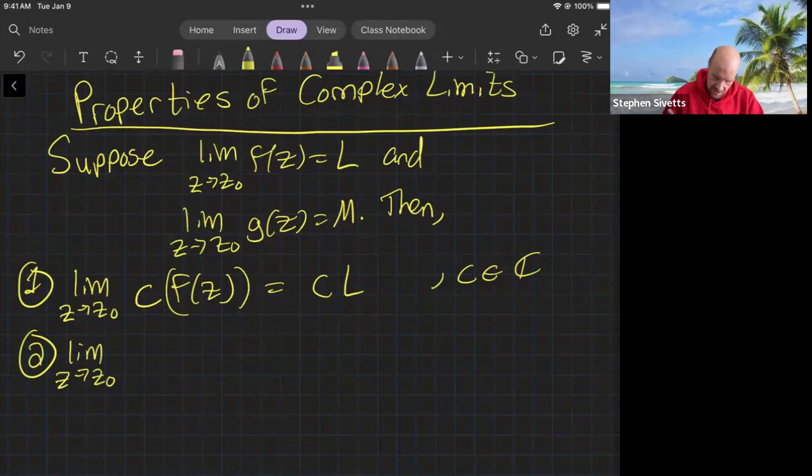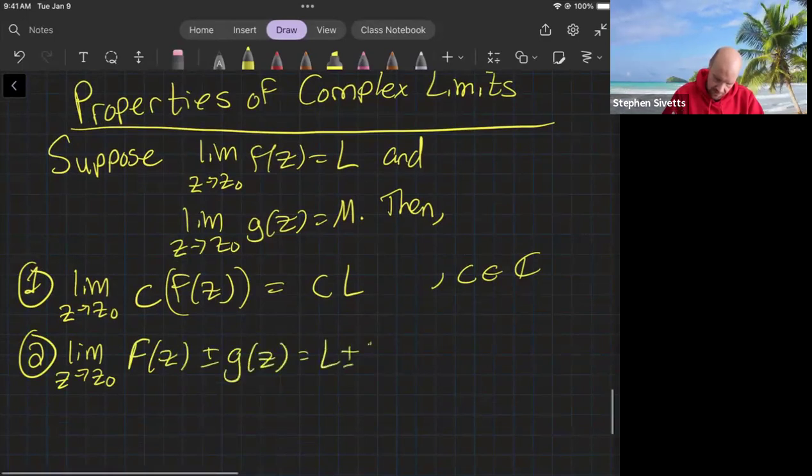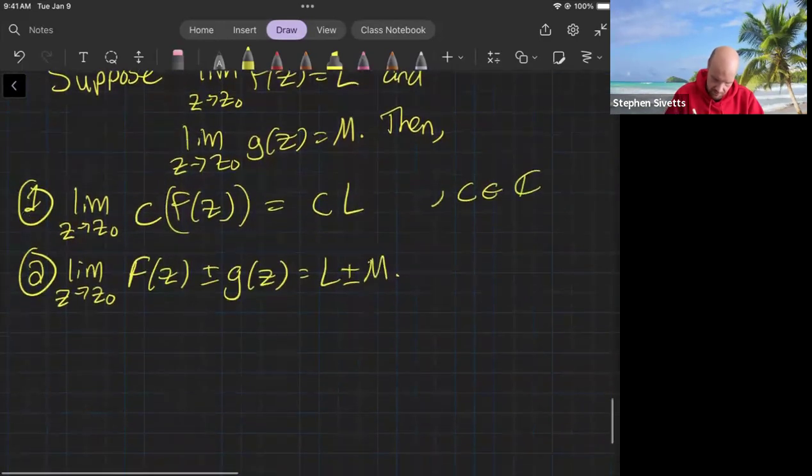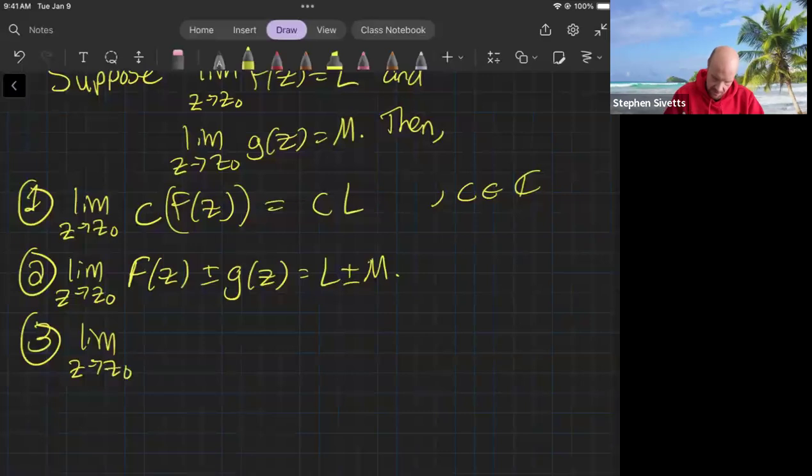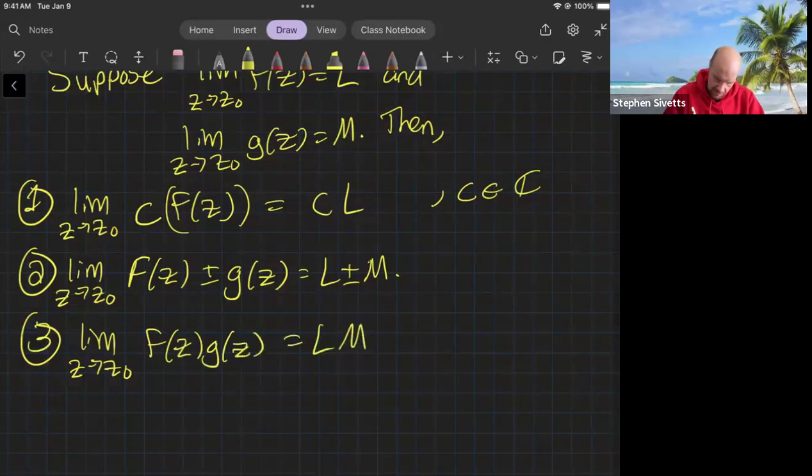Second, the limit as z approaches z naught of f of z plus or minus g of z equals L plus or minus m. Third, the limit as z approaches z naught of f of z times g of z equals L times m.